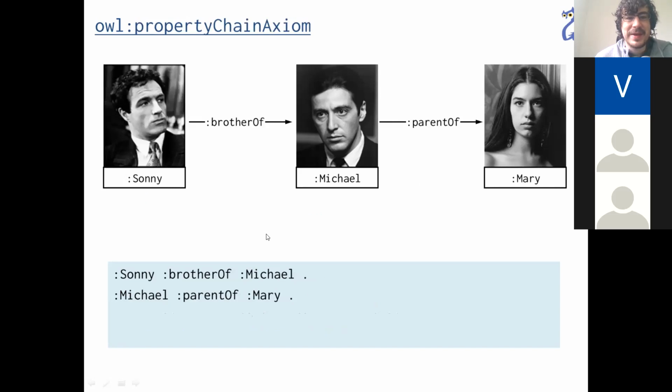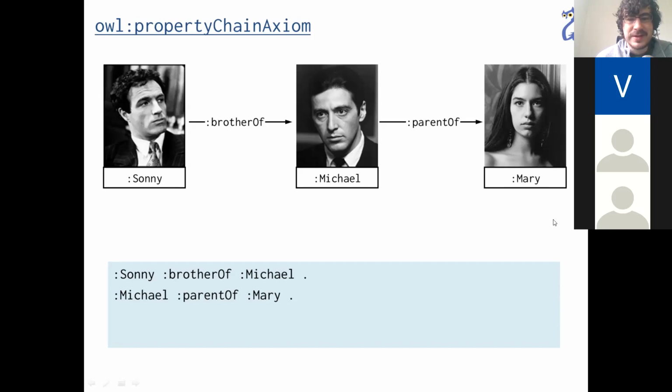Property chain axiom is again similar-ish to transitive property, with the difference being that the relations don't have to be the same. So neither the relations in the chain nor the relation that we infer. So the canonical example of that is if Sonny is brother of Michael and Michael is parent of Mary.